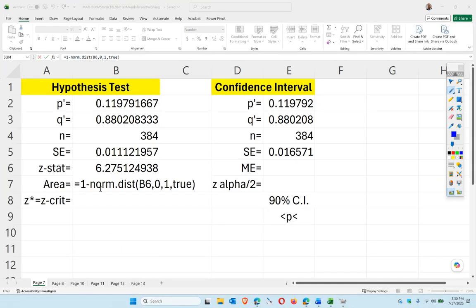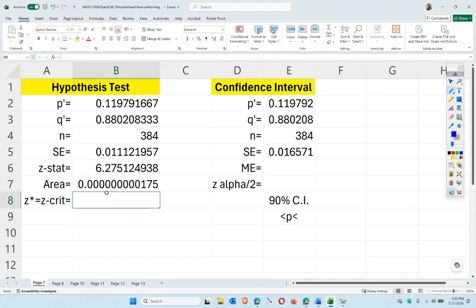If I did z critical, it would be normal dot inverse 0.95, comma 0, comma 1, and then we get that value there.